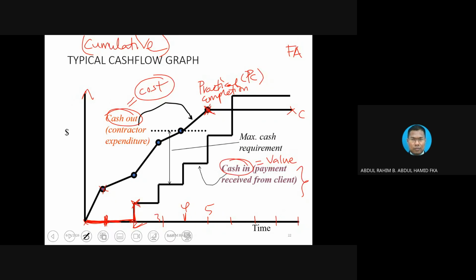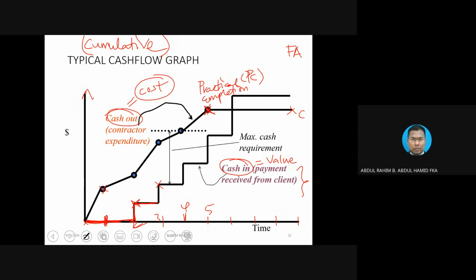Of course, the line is flat again, because the client is not going to pay you in the middle of something. They are just going to pay you according to the monthly payment, isn't it? So that's why you have no money. Then only at the end of the third month, let's say you make a claim on the second month, then it is paid. And since it is the cumulative graph, it basically adds up like that.